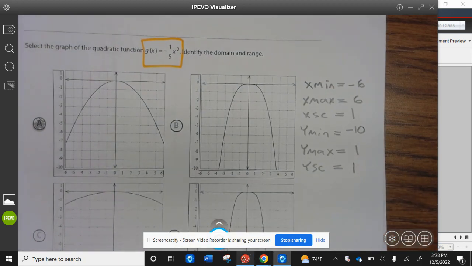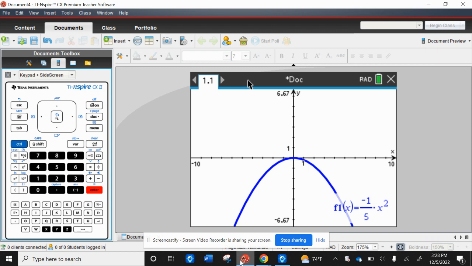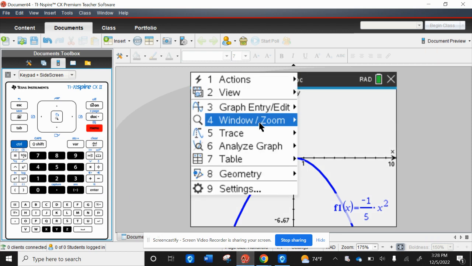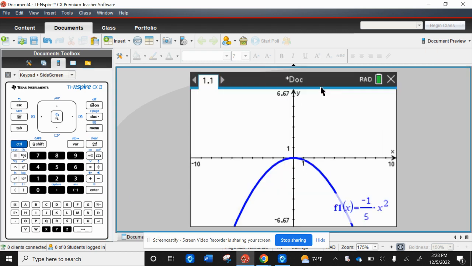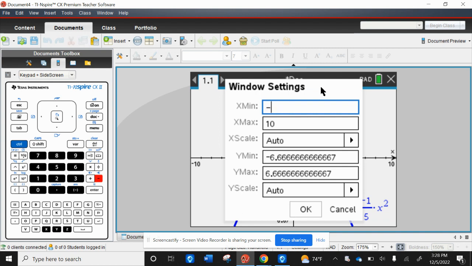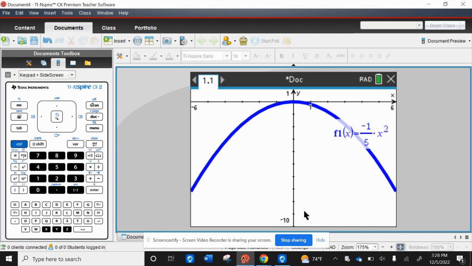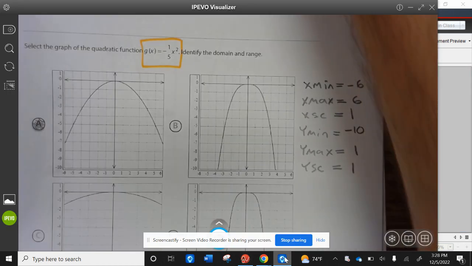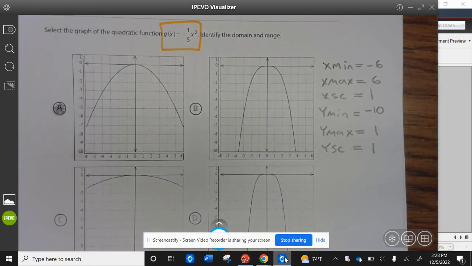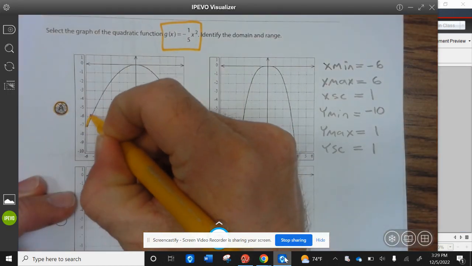So let's adjust our window. We're going to go to Menu, Window Zoom, Window Settings. So negative 6, 6, 1, negative 10, 1, 1. And we can see that that graph best matches A.